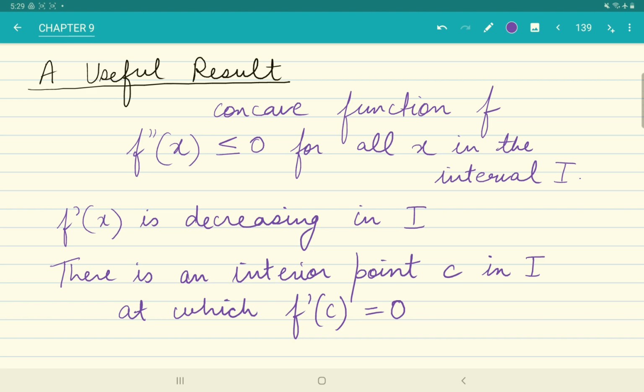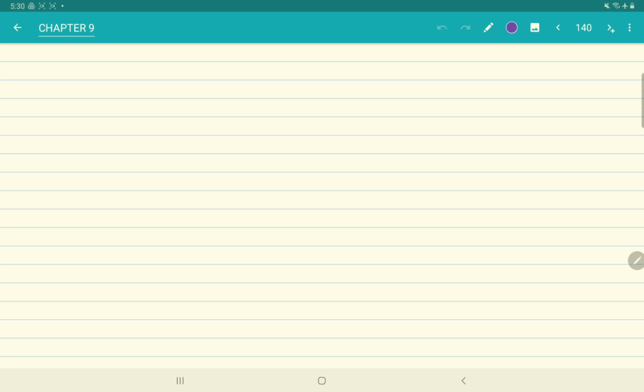That means points to the left of C, the slope would be greater than or equal to 0, and points to the right of C, the slope would be less than or equal to 0, precisely because the slope is decreasing in the interval.